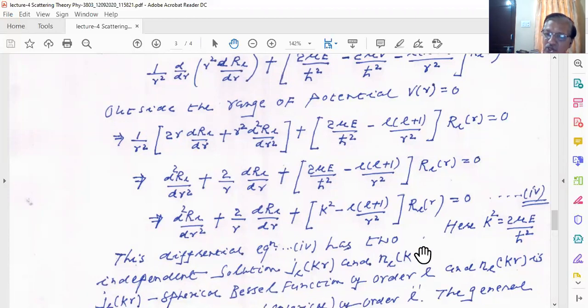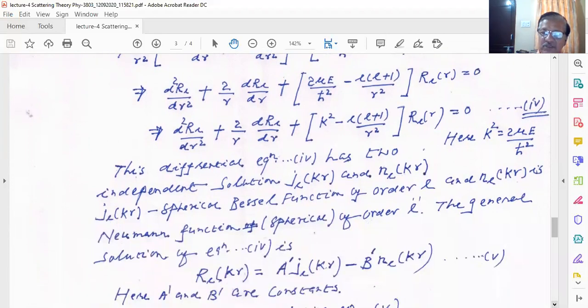NL of KR is known as a spherical Neumann function, which you have studied when we studied the three-dimensional square well potential problem, where we introduced a Neumann function of order L. So we have two independent solutions, and the general solution can be a linear combination of these two independent solutions.